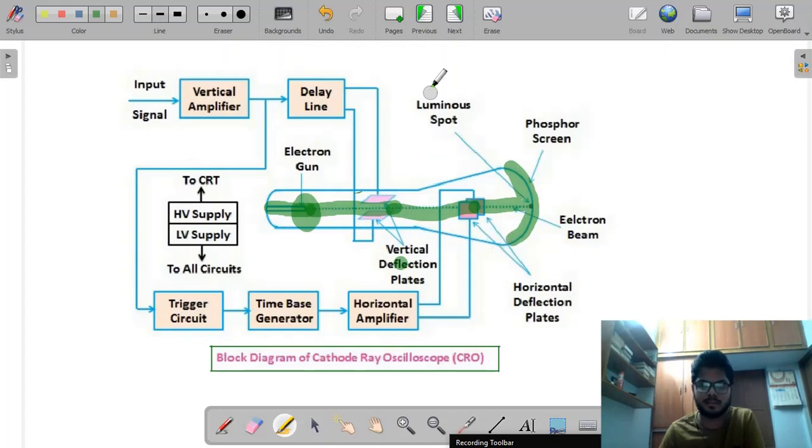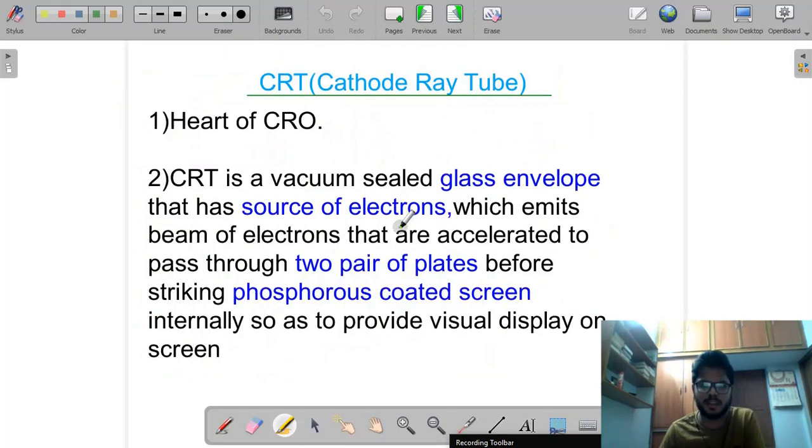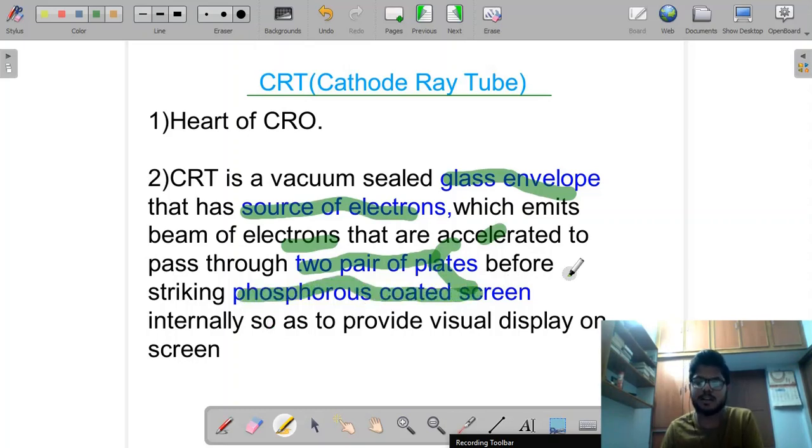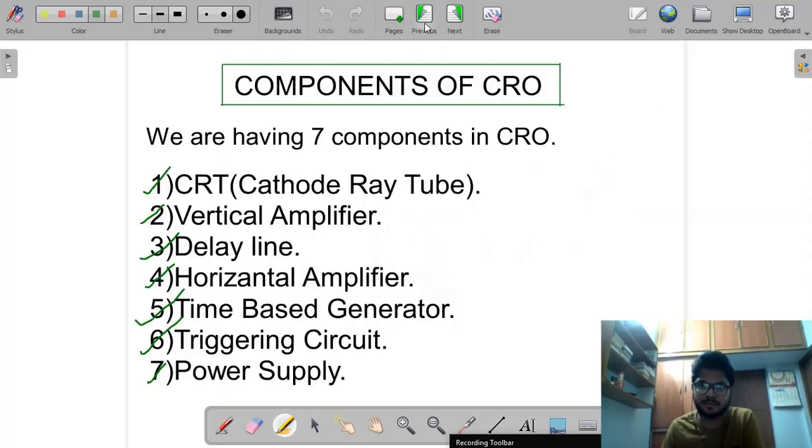Now see, the CRT is a vacuum sealed glass envelope that has a source of electrons, which means the electron gun, which emits a beam of electrons that is accelerated and passes through 2 pairs of plates, the horizontal deflection plates and vertical deflection plates, before striking the phosphorus coated screen, as I have shown.